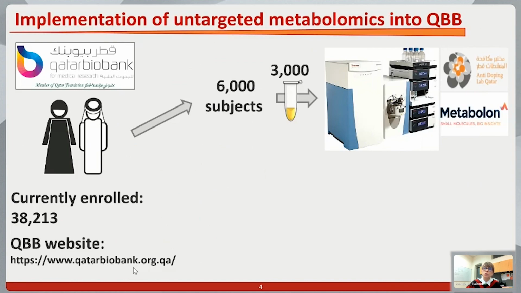So in order to conduct metabolomics measurements, we brought the platform from Metabolon and installed it in the anti-doping lab here in Qatar. Weill Cornell Medical College, together with two other institutions, QBRI and Hamad Medical, supported ADLQ in bringing the Metabolon platform to Qatar. This platform was used for the measurements of the 3,000 subjects from QBB.